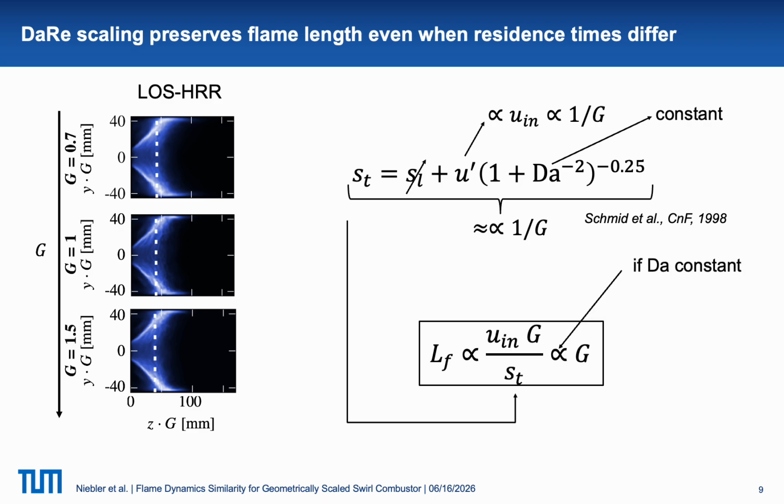Plugging this into a relation for the flame length, we can directly see that if and only if our Damköhler number is constant, the flame length scales with g, so the non-dimensional flame length is preserved.